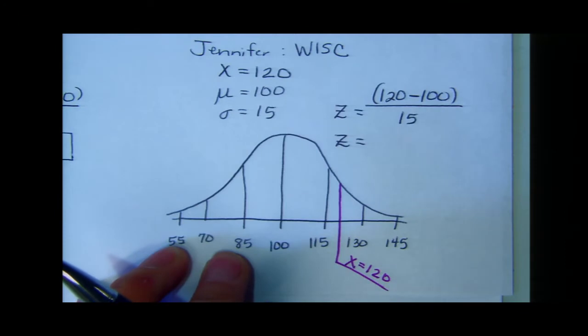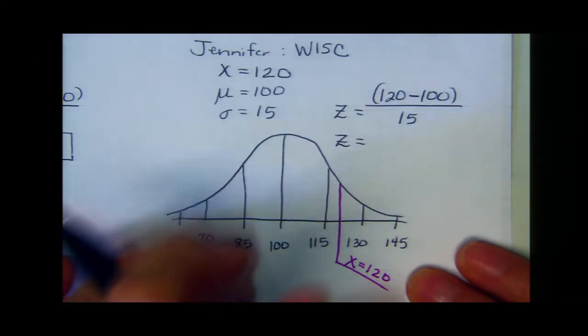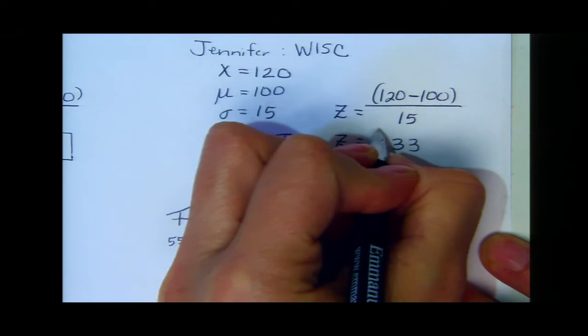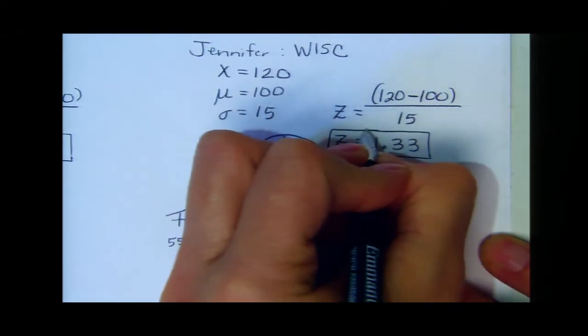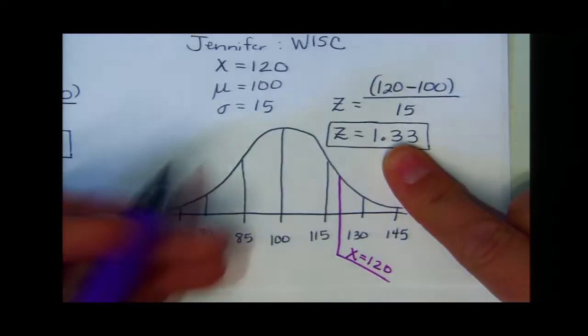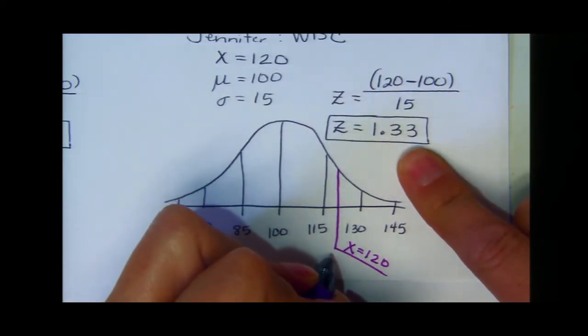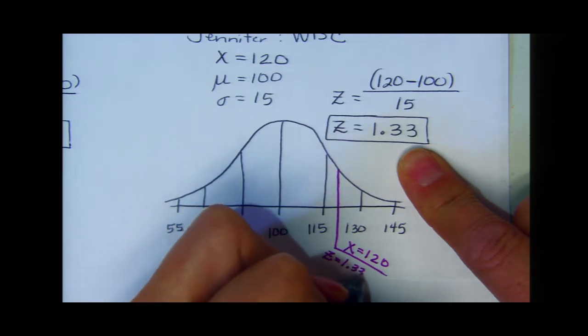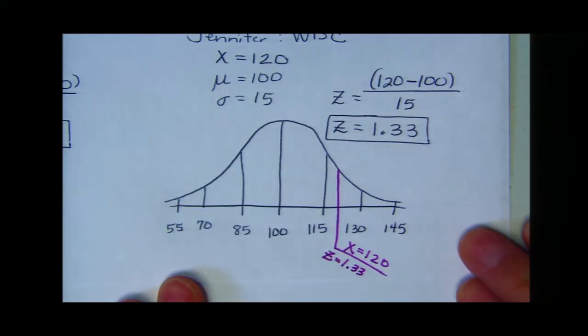So I go to my calculator, and I get 1.3333 going on forever, normal rounding rules, that would be 1.33. So this tells me that Jennifer is 1 full and then 0.33 standard deviations away. So hers would look like this.